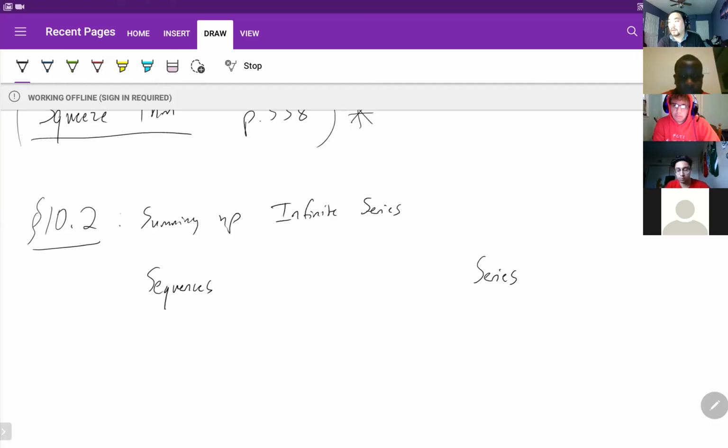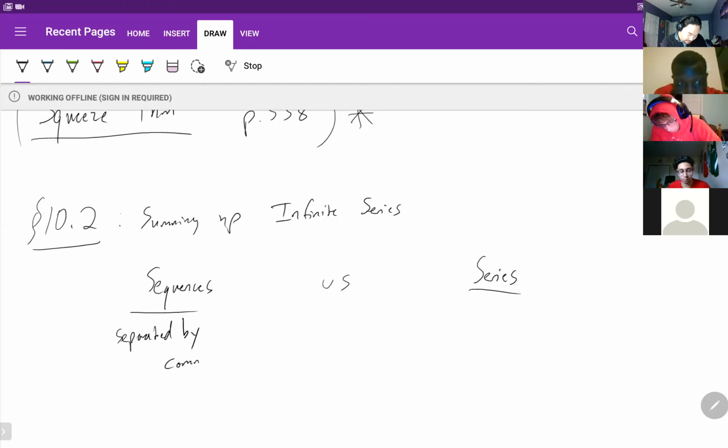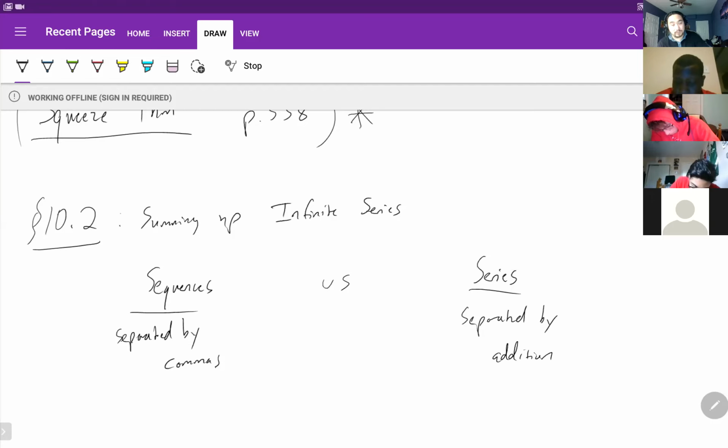Let me state it now so that I can say I said it. Sequences are separated by commas. Series are separated by addition. That is the only difference between sequences and series. And what that does is it causes slight differences in how you approach these problems.